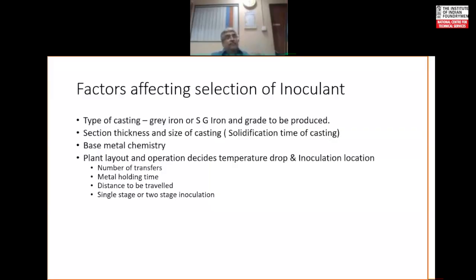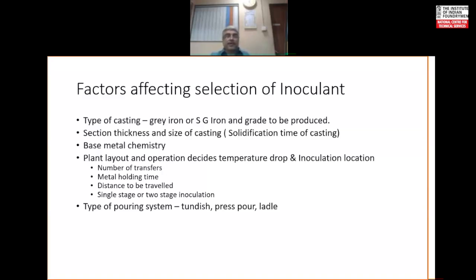What is the way the plant is operating, or are there breakdowns and there is holding time for the metal? Or there is a long travel distance for the metal. That is what decides whether you have to do a single stage inoculation or you have to do this dose of inoculant in 2 stages.